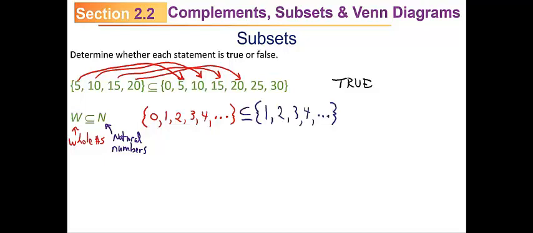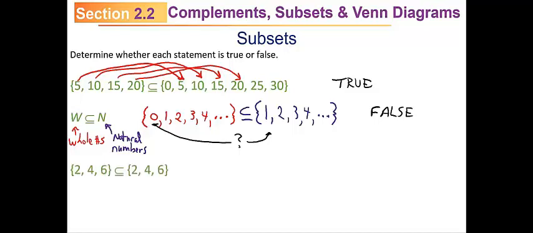They start with 1: 1, 2, 3, 4, and so on, which means it continues in that pattern. So you have to look at each element on the left and see if you can find a match on the right. The very first thing you look at, which is a 0 on the left, does not have a match on the right. That means the statement is false. The whole numbers are not a subset of the natural numbers.